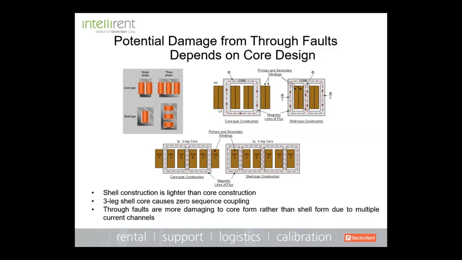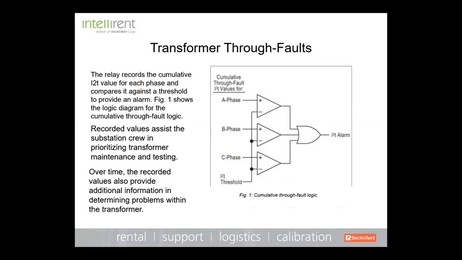Through faults actually are more damaging to a core form rather than a shell form, because the shell form designs have multiple current channels and can withstand a through fault better than a core form. However, that doesn't mean that a shell form is not going to sustain damage from a through fault. It's just that it can withstand it a little bit better than the core form in and of itself.